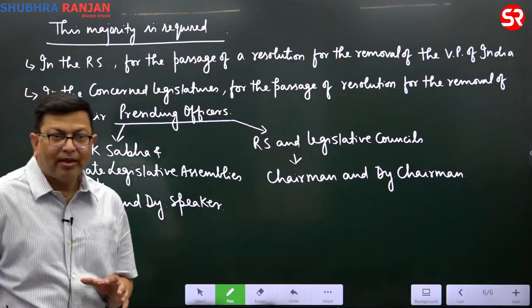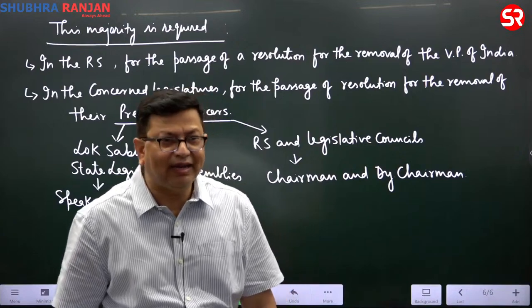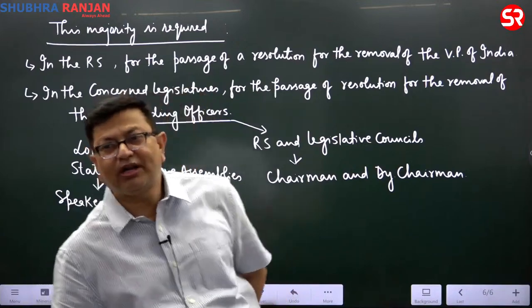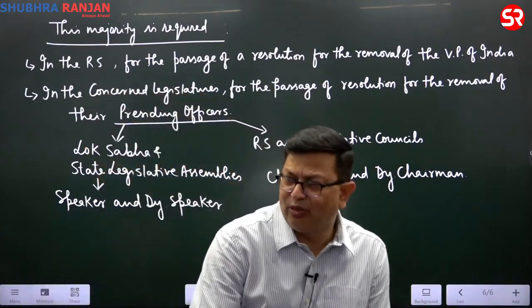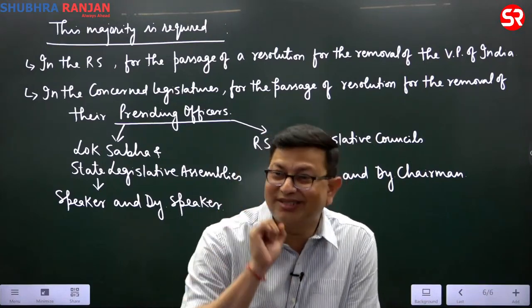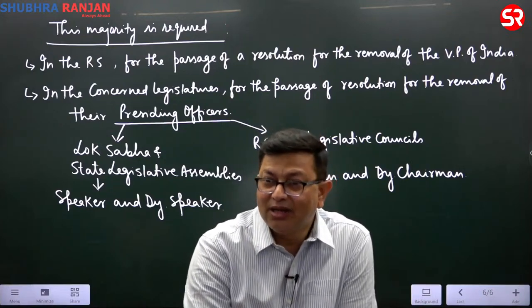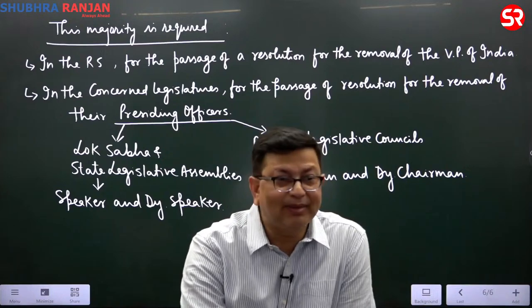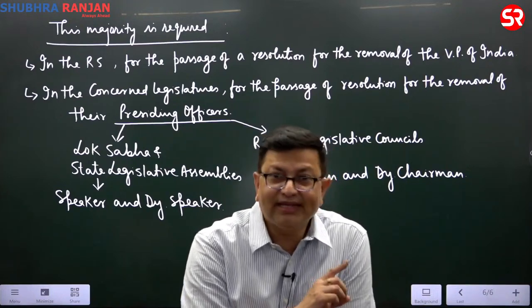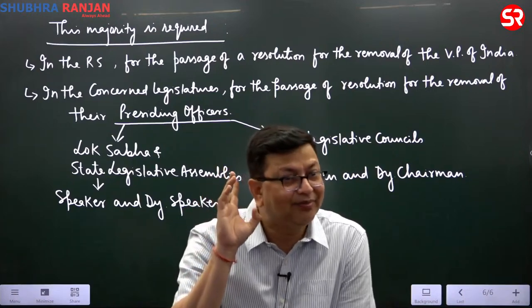So if the presiding officer of any legislative assembly, or the Lok Sabha, or a legislative council is to be removed, then this majority will be required in that house. For example, if the speaker of the Kerala Legislative Assembly is to be removed, then this majority will be required in the Kerala Legislative Assembly.